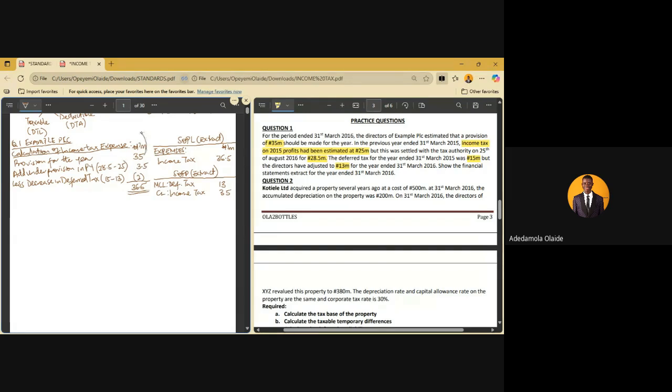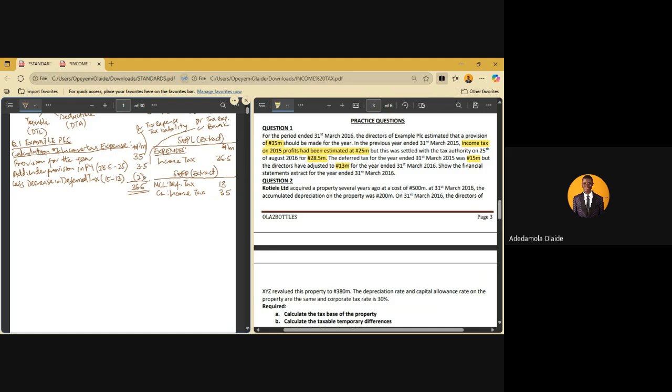The double entry for this 35 is to debit our tax expense for the year and credit our tax liability. But when the 3.5 was paid, the double entry would have been to debit tax expense because we underprovided in the previous year, and credit bank because payment has already been made.